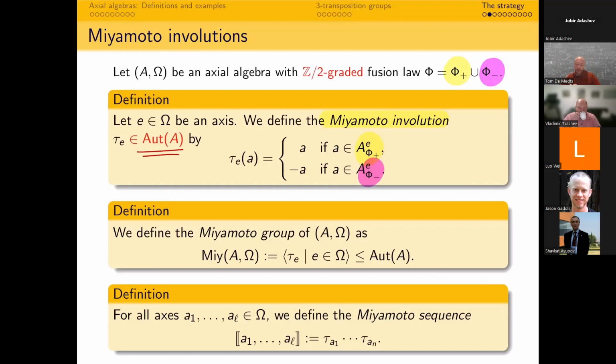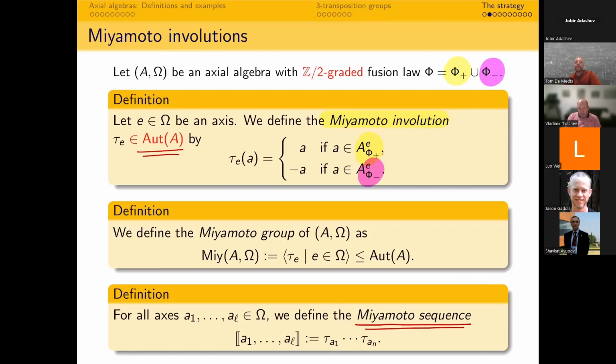If you collect all of them for all possible axes, then you get a very large group of automorphisms. It's a subgroup of the automorphism group of the algebra, the Miyamoto group. I'm not going to say too much about this, but the important tool for us is the following, and as you will see, it will play a crucial role in what follows: the notion of what we call a Miyamoto sequence.